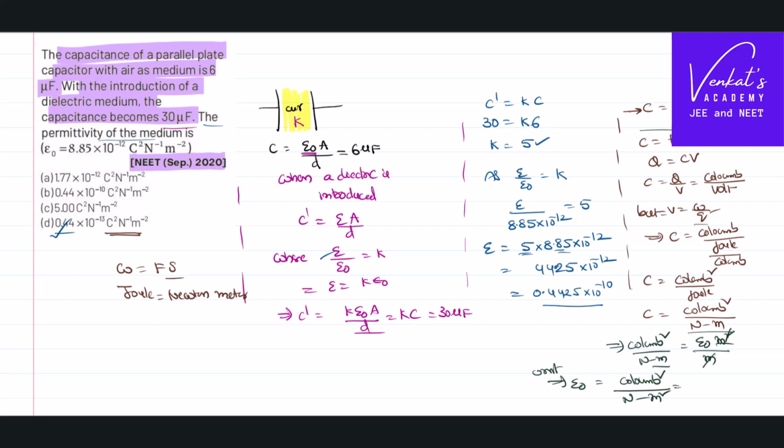So the unit is coulomb square, newton power minus 1, meter power minus 2. That matches perfectly. Of course, I need not prove that, but I have proved it so that you will know how to get a unit whenever it is required without getting into a panic mode. Getting a unit is quite simple. Always go to the basics and try to get it right.